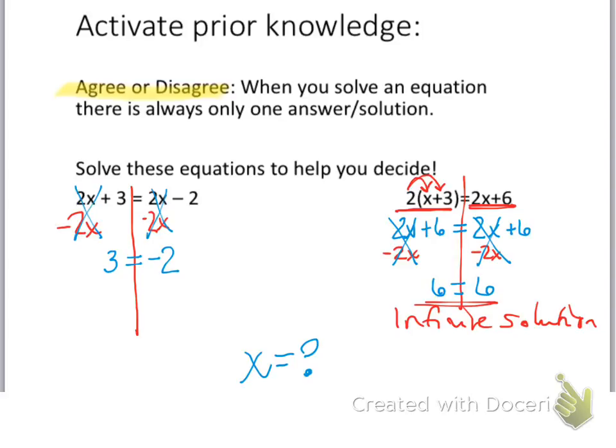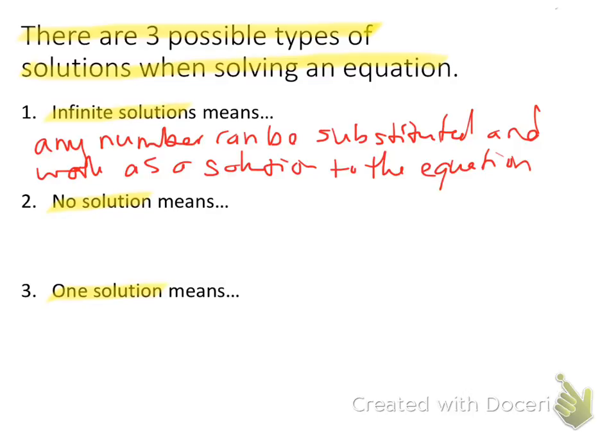You could choose the number 100. 2 times 100 plus 3 is going to be equal to 2 times 100 plus 6. This gives me 103 times 2, 206. This gives me 200 plus 6, 206. They are equivalent. Any x value will work. It is infinitely possible.